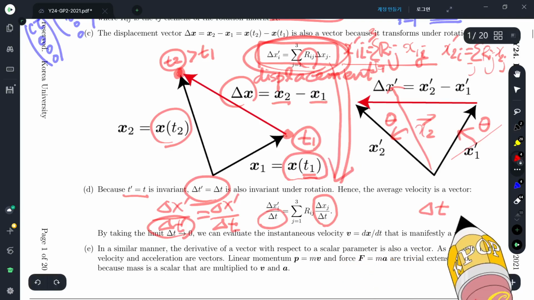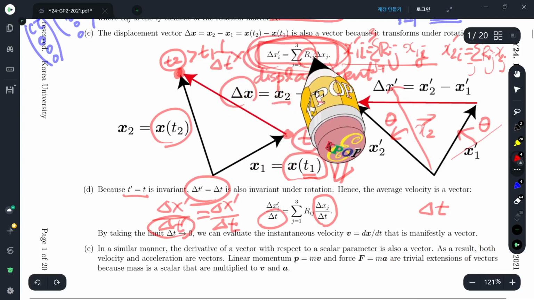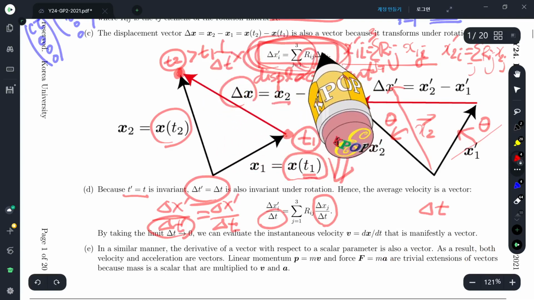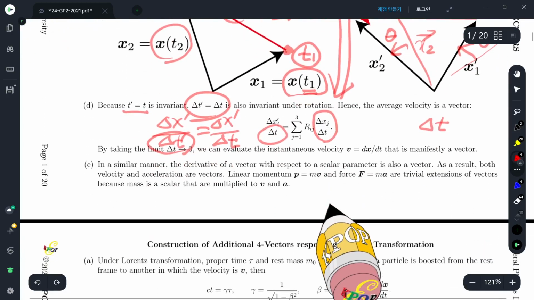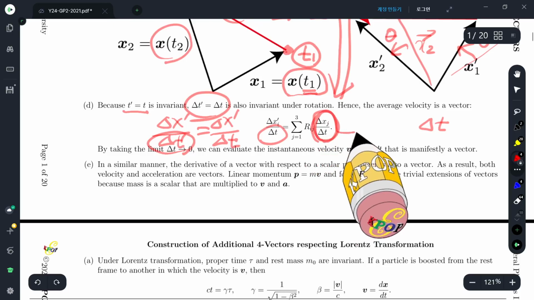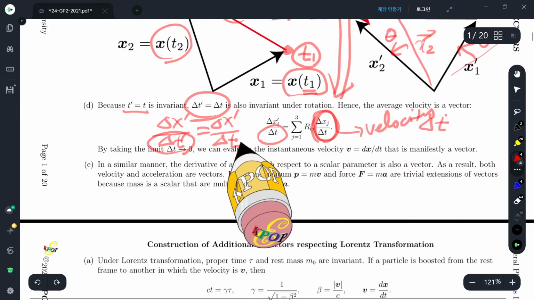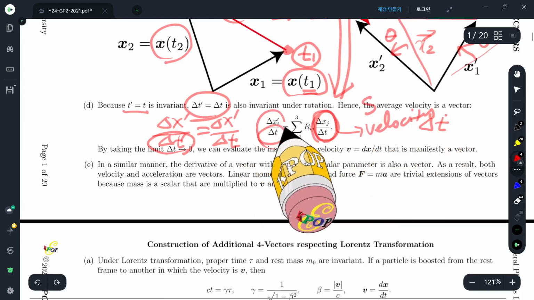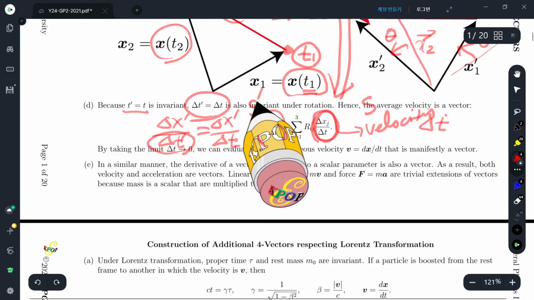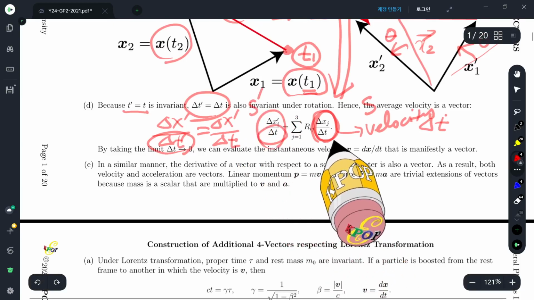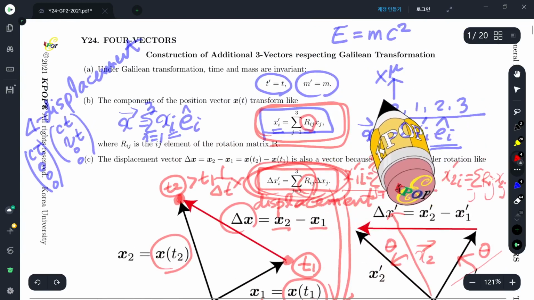What we have done is just multiply 1 over delta t to the left-hand side and right-hand side simultaneously. Because of that, this is the velocity in a frame S, and this is the velocity in another frame S prime, and they have a relative velocity following the Galilean transformation.